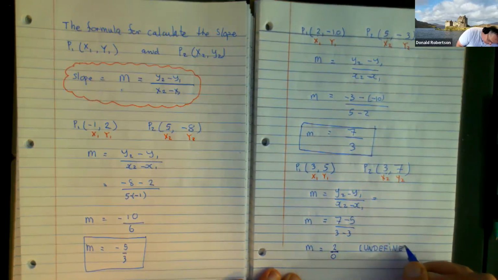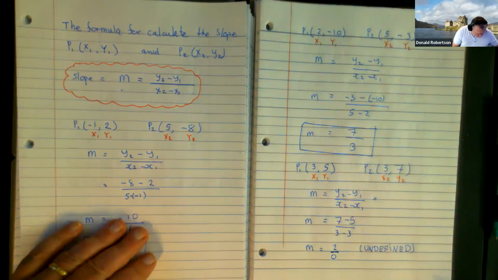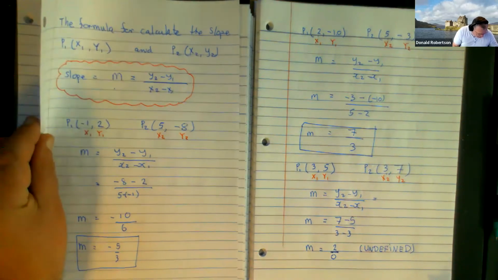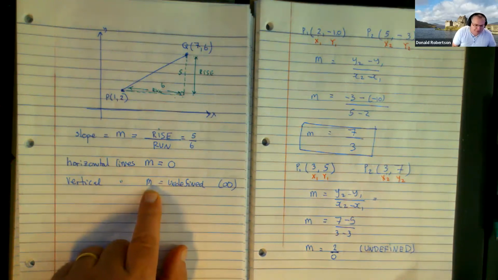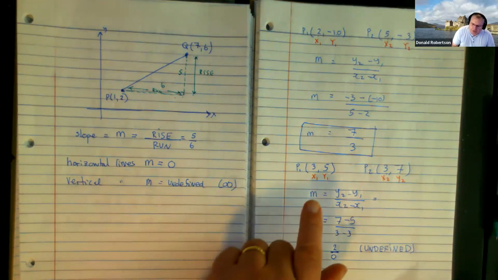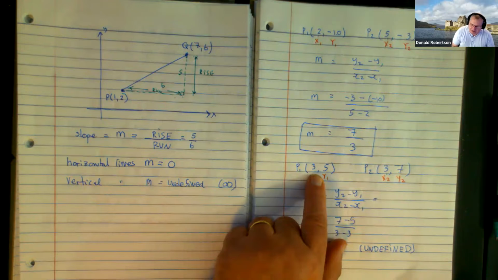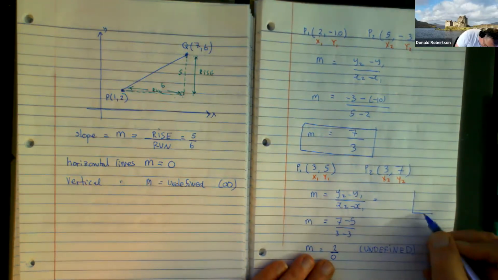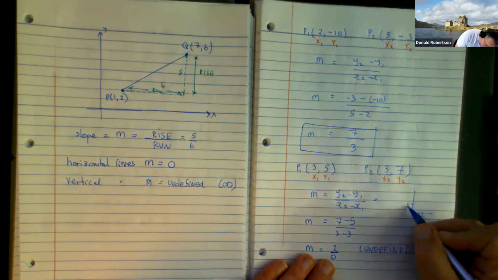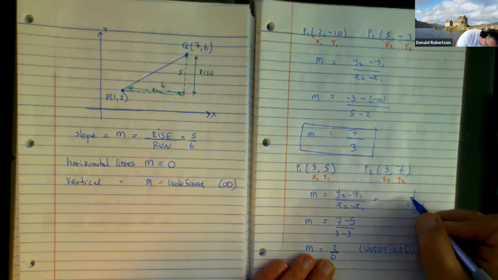Now I mentioned earlier when you get lines that are undefined, it happens when they're vertical. If you plot the point 3, 5, and then you plot the point 3, 7, I'll do a little baby version of it. Imagine that's 3 and this is 5. There's the first one, and imagine that's 7.